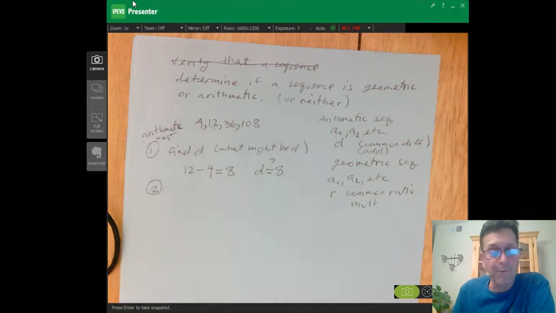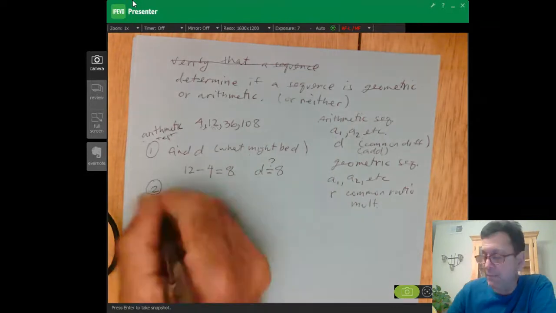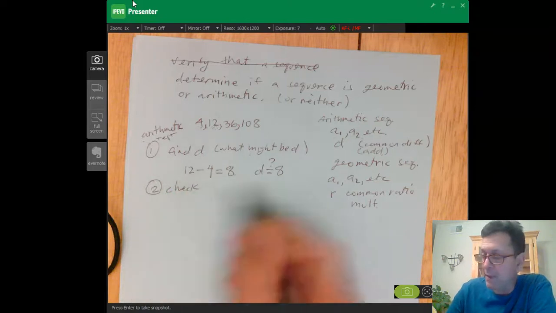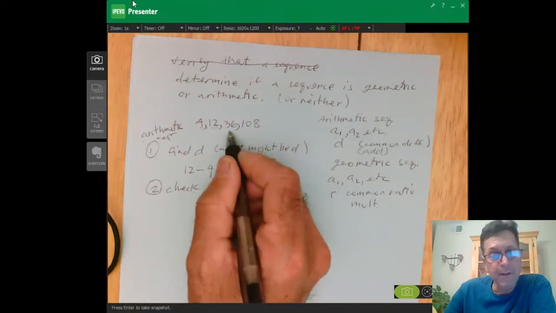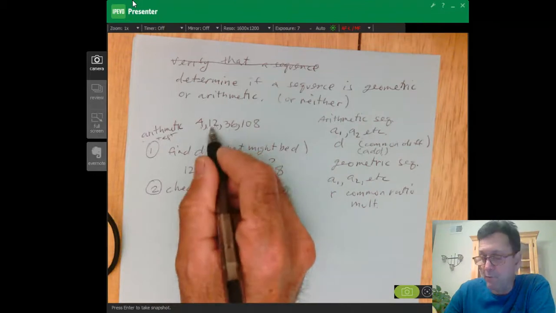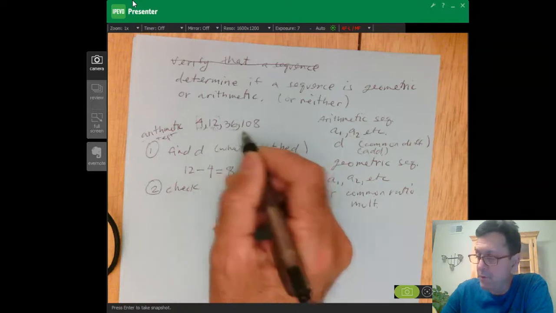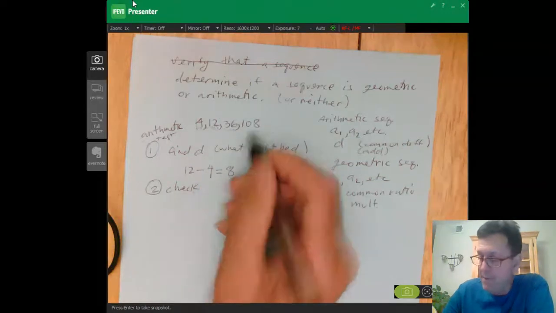So then to see if it actually is 8, we have to check or test it. What we have to do now to check it is take another term. We've gone with these two. We could use these two or these two. It doesn't matter.